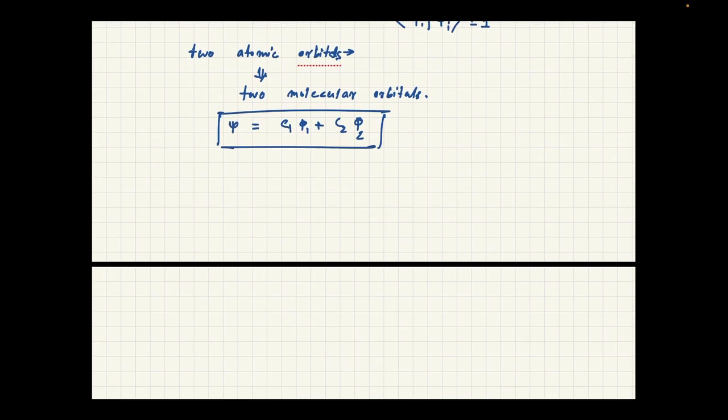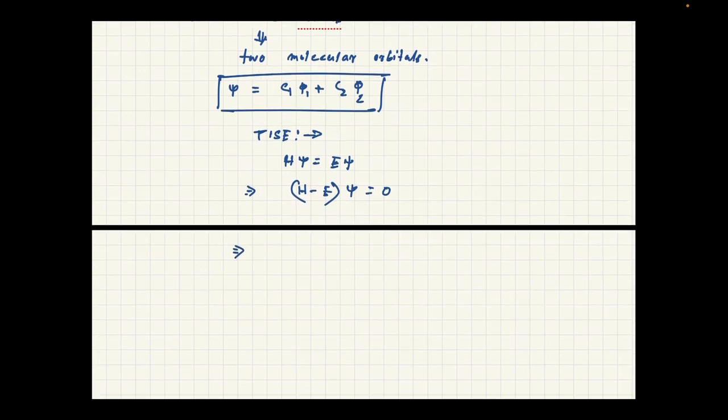Now what is the time independent Schrodinger equation? The time independent Schrodinger equation is H psi equal to E psi. That means you get (H minus E) psi equal to 0. Then you can put in psi as the sum of Ci phi i, equal to 0.